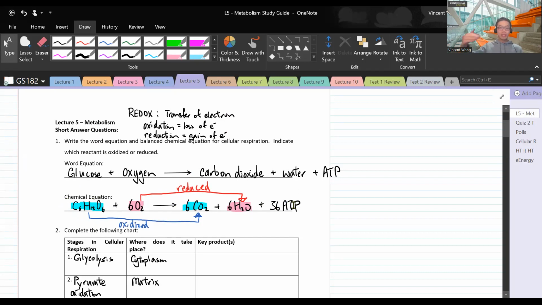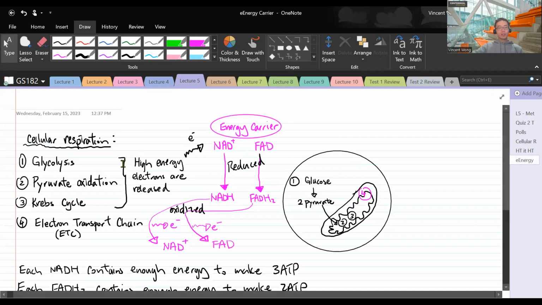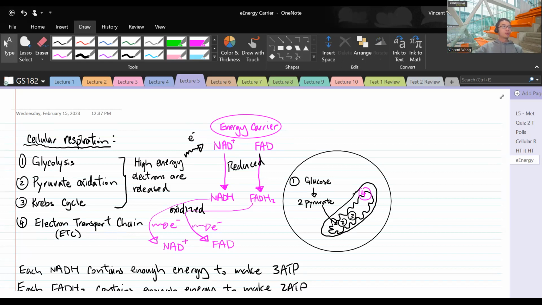It's broken down into several stages. And the stages are listed here. Step 1, step 2, 3, and 4. Of the four stages here, the first 3 stages involve releasing high energy electrons. The energy carrier will capture those electrons and then use them in the 4th final step to make ATP. That's basically the relationship here.